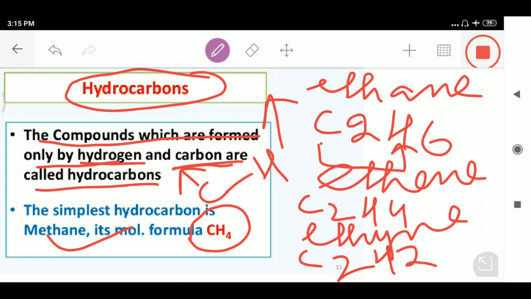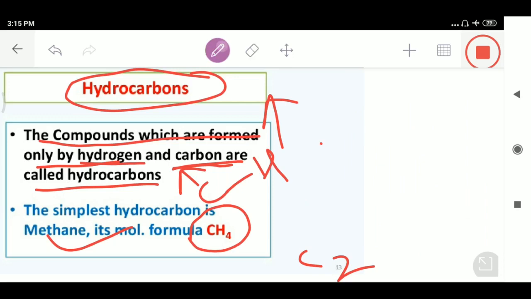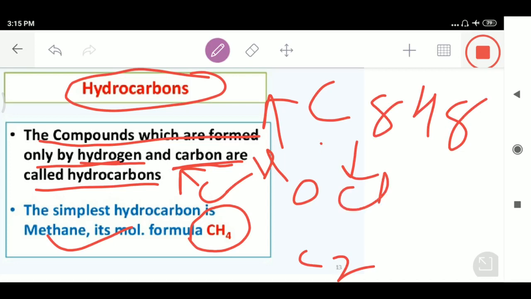The most important natural source of hydrocarbons is petroleum. Petroleum contains octane units, that is C8H18. Octane means 8 carbon atoms, octa means 8.